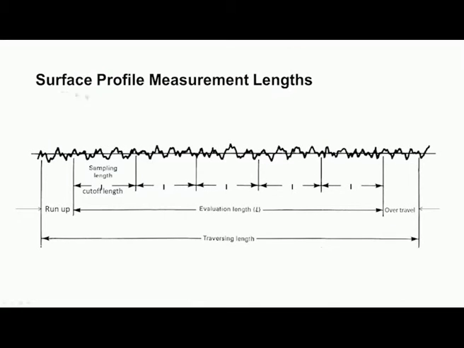Now, this shows a surface profile measurement length. This is the total length, which is known as traversing length, traversed by the stylus of the instrument.